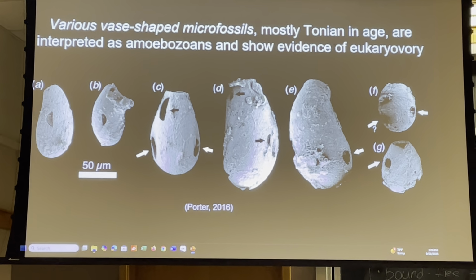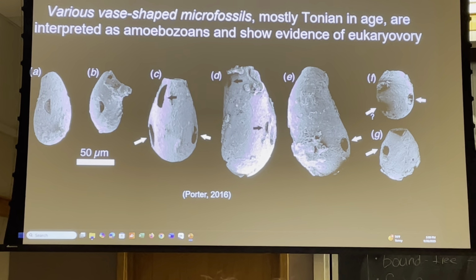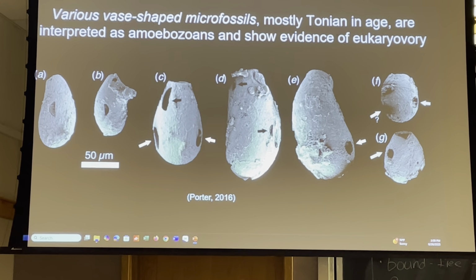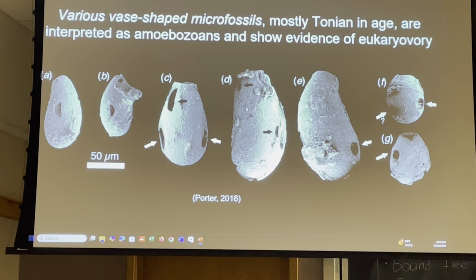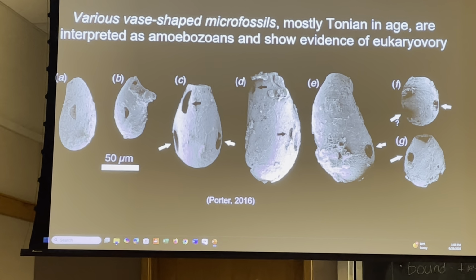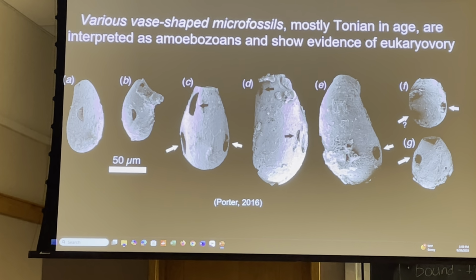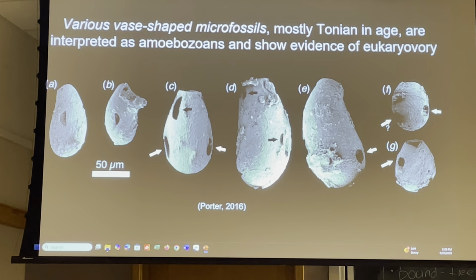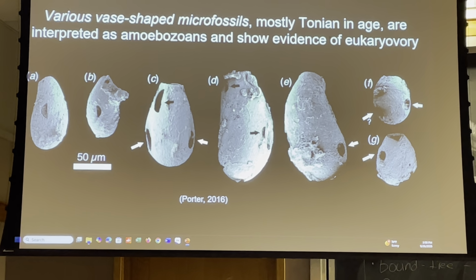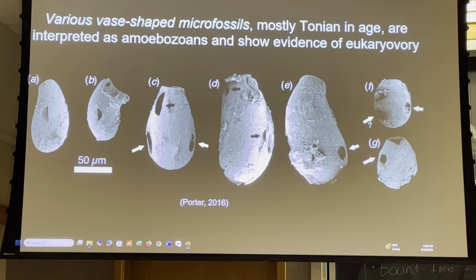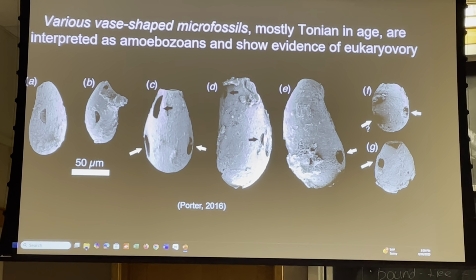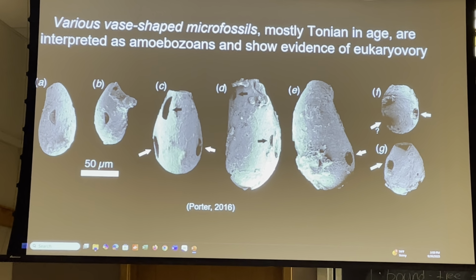Amoebae sometimes make this test, and they can be organic, they can be agglutinated, just collecting particles from the environment to make this test. This is interpreted as an organic test, and these holes are drill holes made by predators.